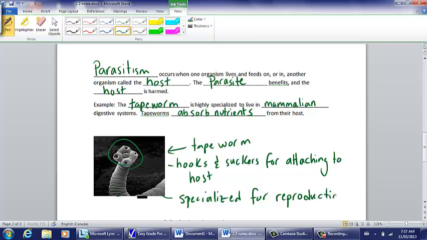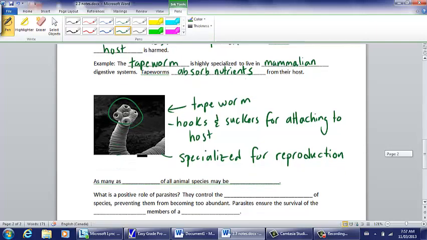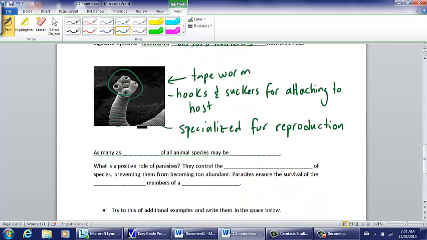So basically what happens is a tapeworm gets inside somebody and it's absorbing their nutrients, and it just reproduces and reproduces and reproduces, and suddenly there's lots of tapeworms inside that person. Scientists now estimate that as many as 25% of all animal species may be parasites.